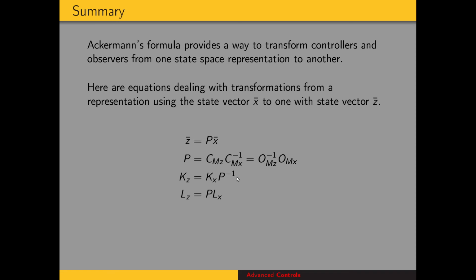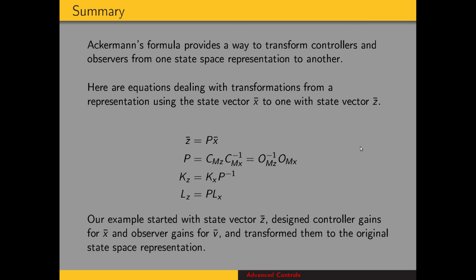Here's how we calculate it, and then here's how we can use it to calculate the controller gains and observer gains. And also in this video we had an example that started with the state vector z bar. We designed controller gains for x bar and observer gains for state vector v bar, and then transformed those gains to the original state space representation.